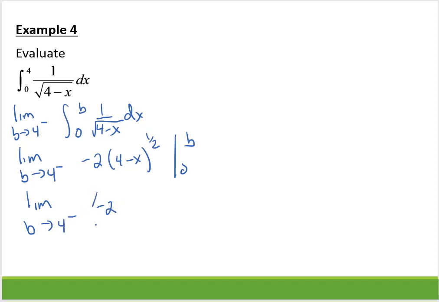So now I have negative 2 times the square root of 4 minus b. When I plug in 0 there, I get a 4. As I go to numbers a little bit less, this goes to 0. So this whole thing goes to 4.